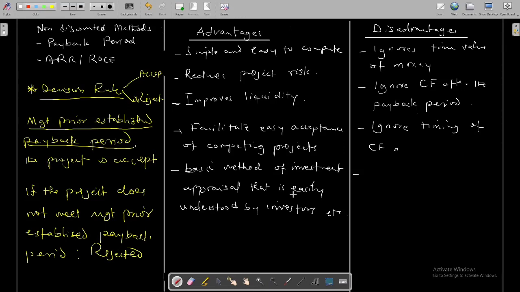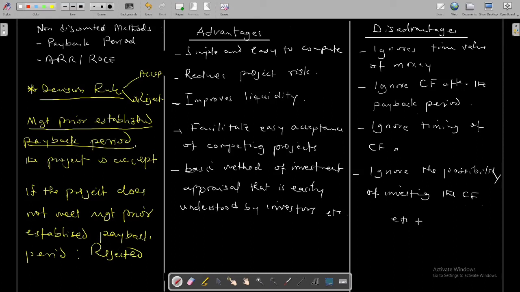Then the payback period ignores the possibility of investing the cash flows. So whether the cash flows will be invested or will not be invested, the payback period does not consider that.